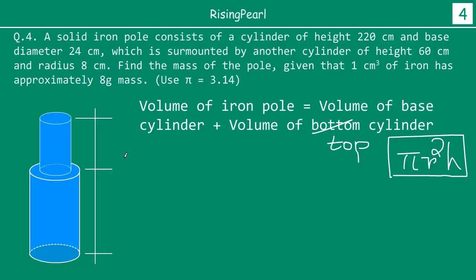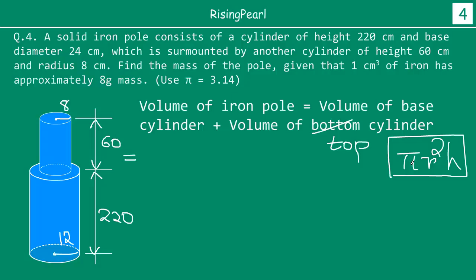So let's write these values. Here, for the bottom cylinder, the radius was 12 and the height is given as 220. Now for the top cylinder, this radius is given as 8 and this height is given, I think, as 60.